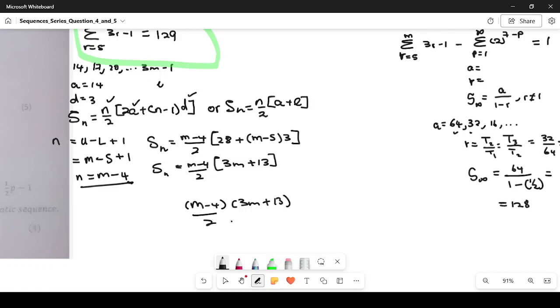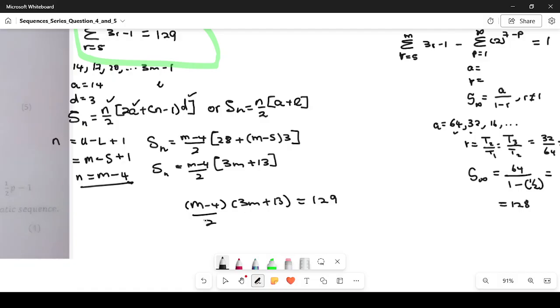So we have a divide by 2 there, and this is equal to that value, 129. Why am I saying 128? That's 129. Yeah, and we only have one variable, so we can solve for m here.